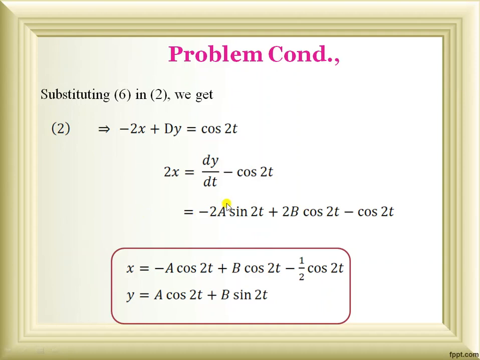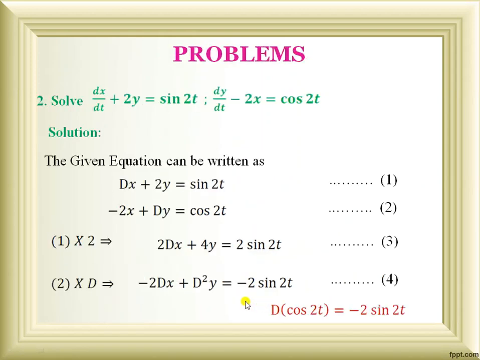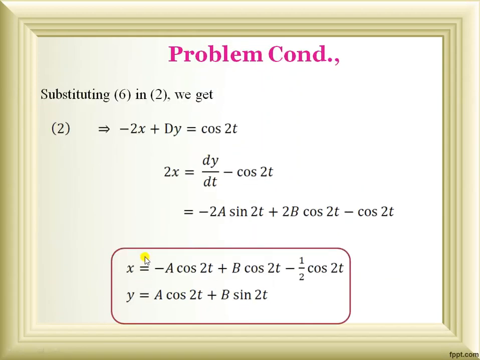So therefore, this is our 2x value. Overall, I am dividing by 2. So therefore, x is equal to minus a sin 2t plus b cos 2t minus 1 by 2 cos 2t. This is the x value. And y is a cos 2t plus b sin 2t. So therefore, these are our x and y values.